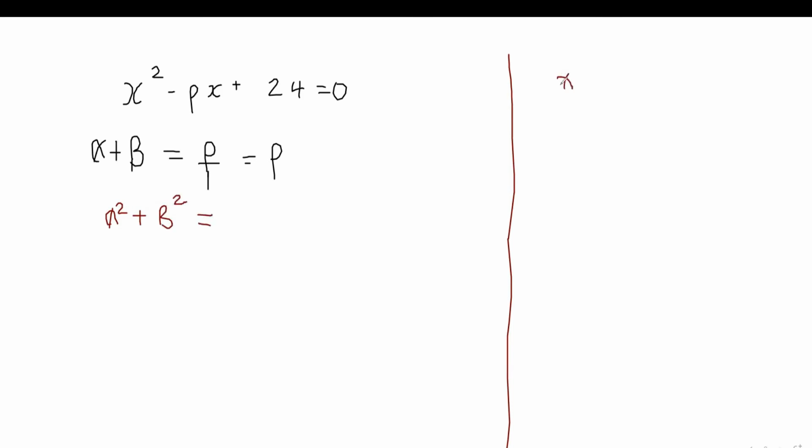You already know alpha plus beta, right? You know this is p. So if you were to square this, you'd realize that alpha plus beta squared is equal to the first term squared, plus twice the product of the two, plus the second term squared, right, Marika?